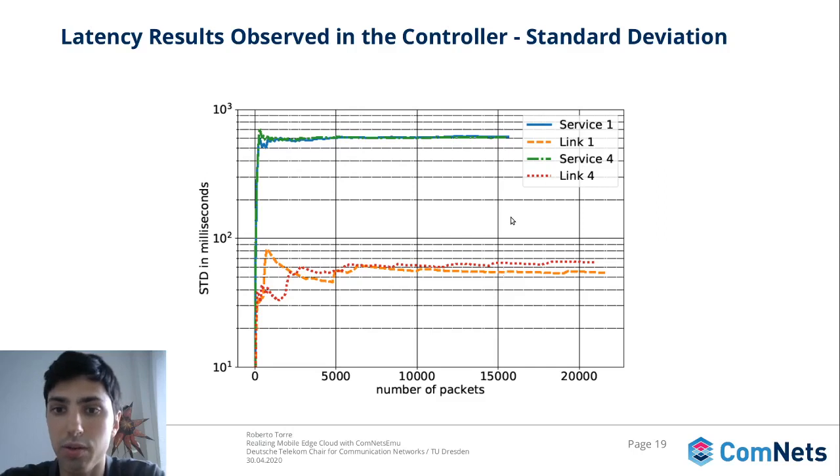Another thing we observe also is that there are more packets for the link latency than for the service latency. This is due to two things. The first one is that before the probing UDP packets start, the packets are already connecting, and some ARP packets are already sent, and these count already for the number of packets.